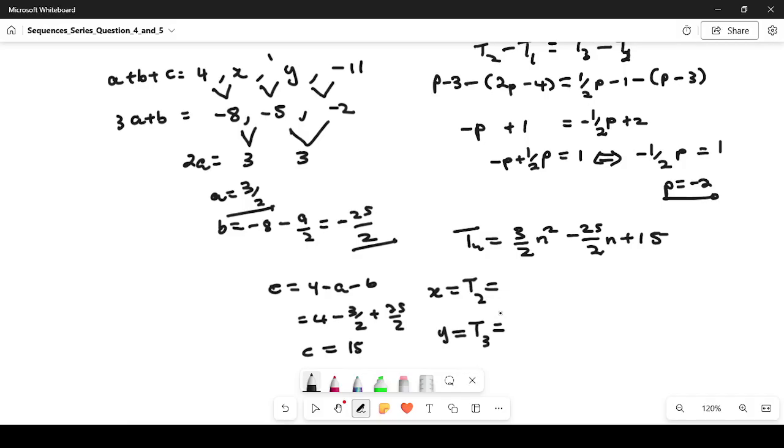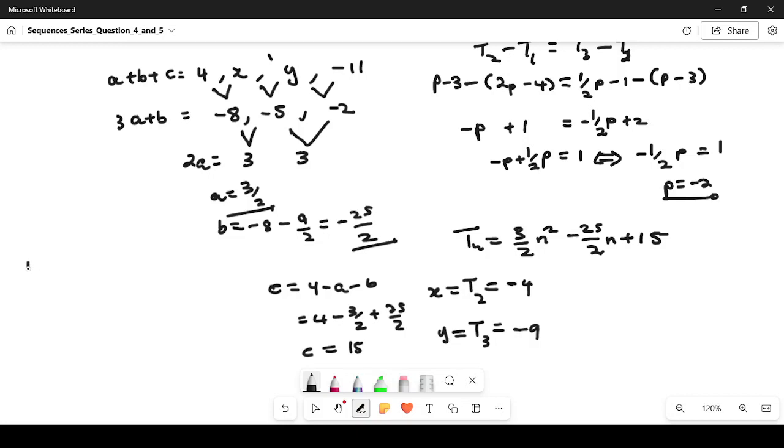That's 3 halves into 2 squared minus 25 divided by 2 into 2 plus 15. So x is equal to negative 4. And then let me see what y is. y is negative 9.